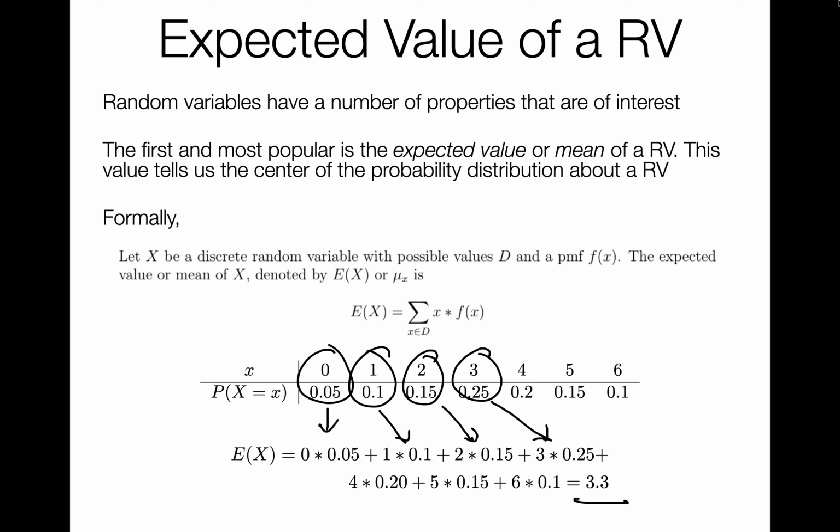Okay? And so there are a number of things here that are sort of weird. The first weirdness is that 3.3 is not a possible value here, right? There can't be 3.3 computers. But that doesn't mean that you should round it. Okay, so what does it mean in context? It means that on average, around 3.3 computers are going to be in use at a single time.